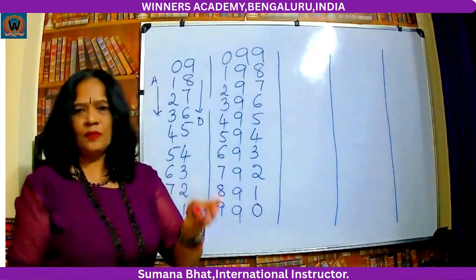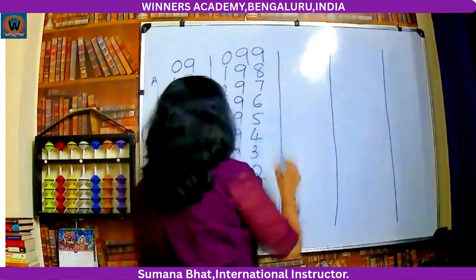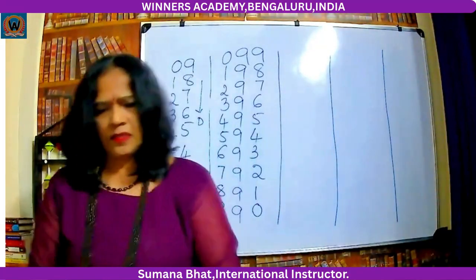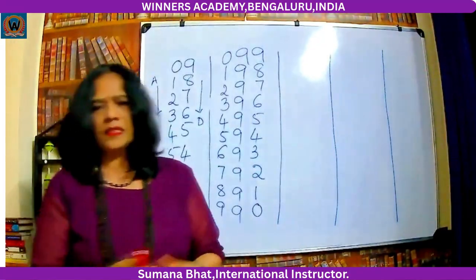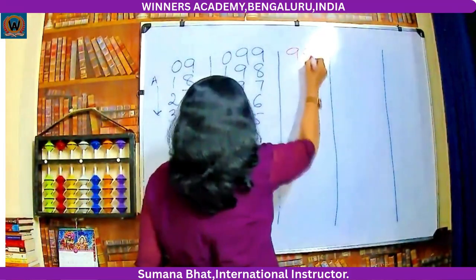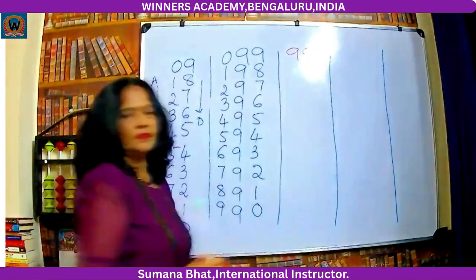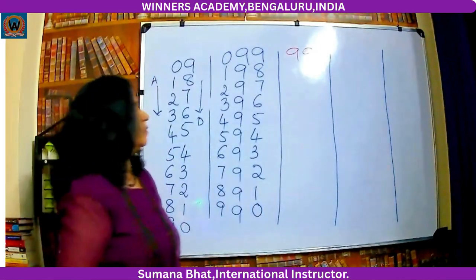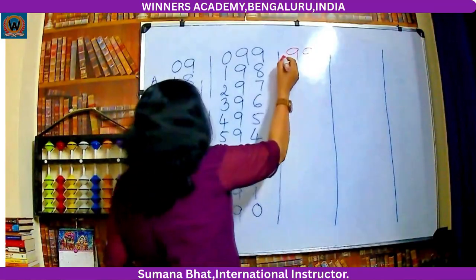In the same way, we can write for 3 digits also. Just like we wrote it, see how it is now. 999. Same way, write a 0 here.